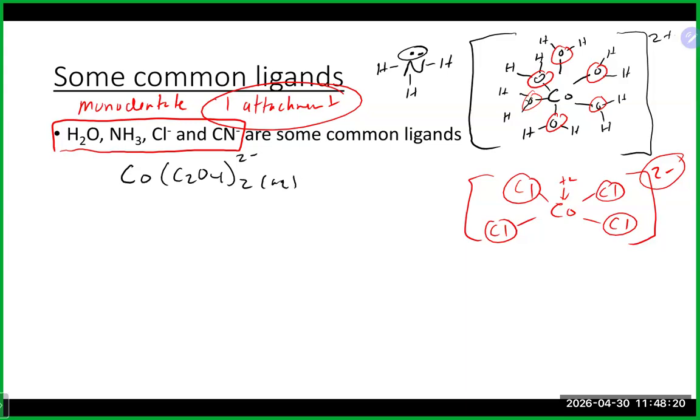Now, if I were to ask you what the coordination number is, you may be tempted to tell me it's probably two because it says two right there. But the difference here is the ligand in this case is C2O4, which by the way is C2O4 2-. That's oxalate. And if you draw oxalate, it looks a little like this.